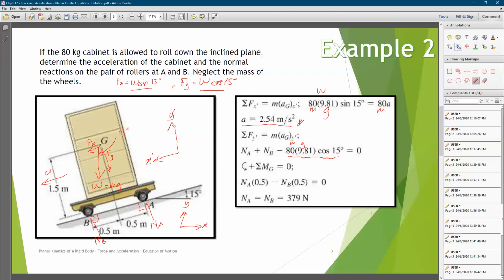And we have NA and NB pointing upwards, so both are positive. And that is equal to 0 because the acceleration in the y component is 0.